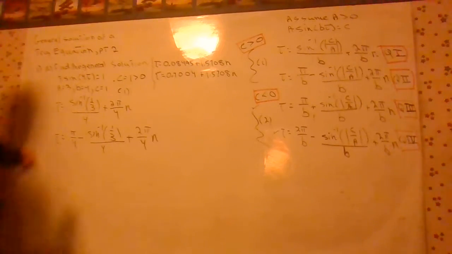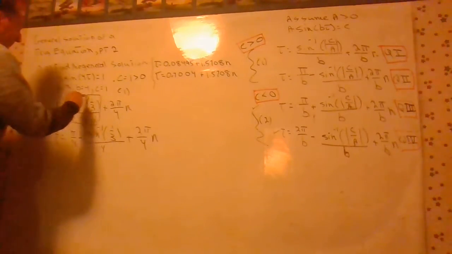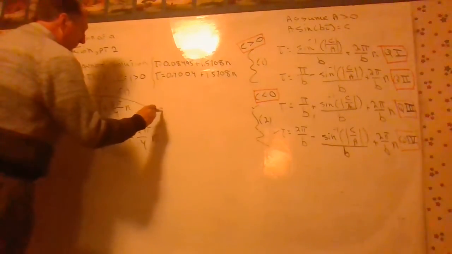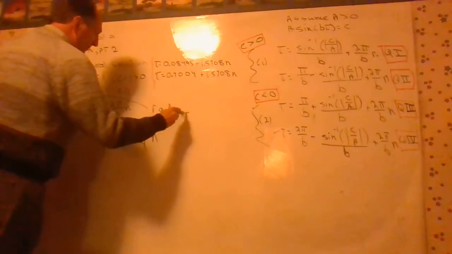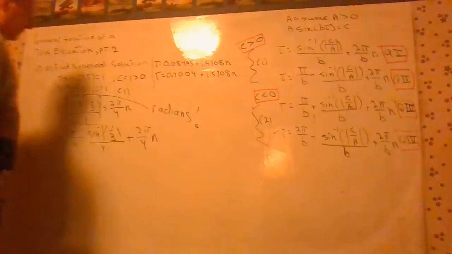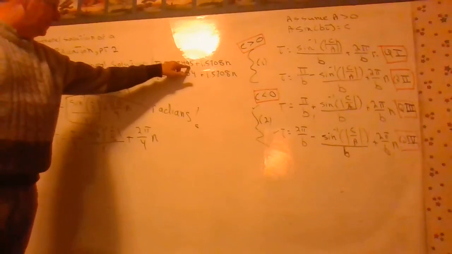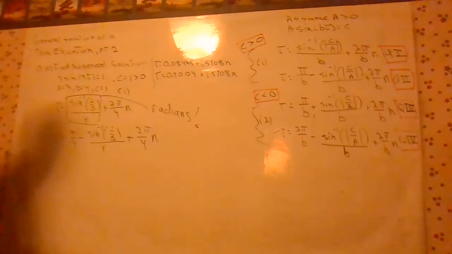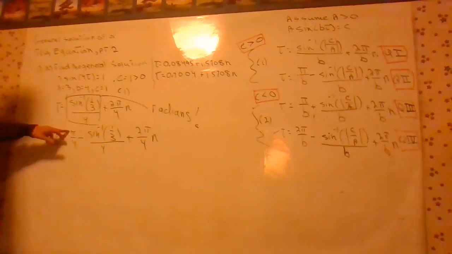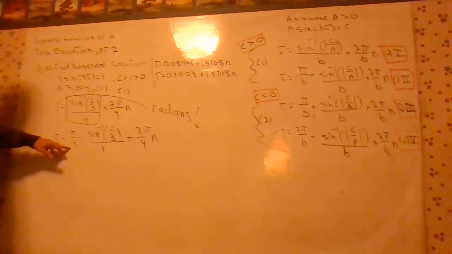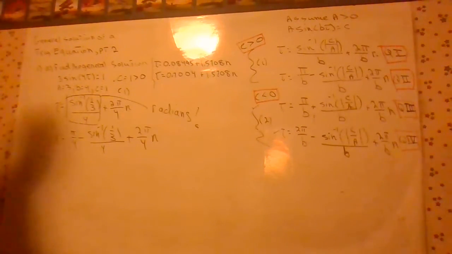Now, like before, you can calculate this. Make sure your calculator is in the radian mode. And this coefficient ends up being 0.08495. Then pi over 4, 3.14159 divided by 4, 0.7 something.